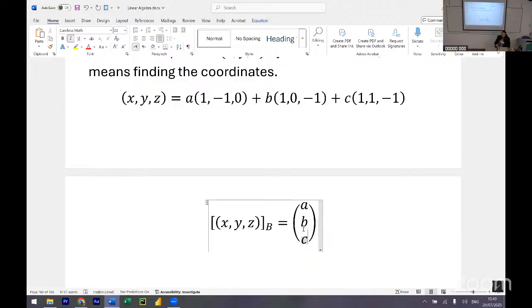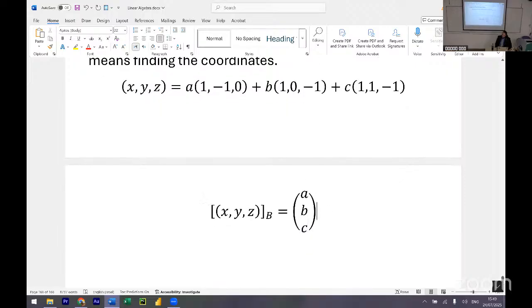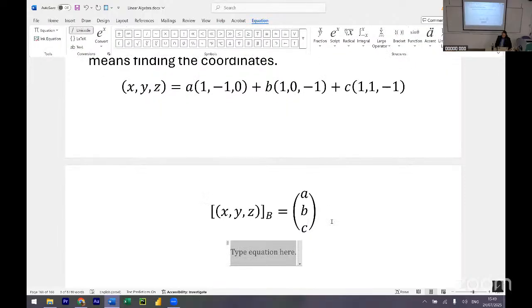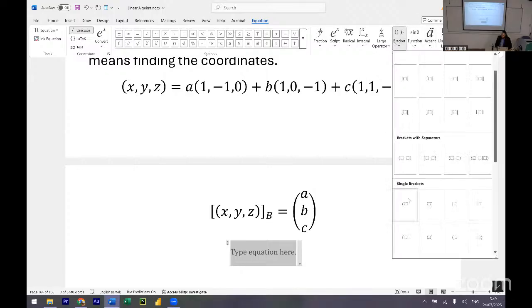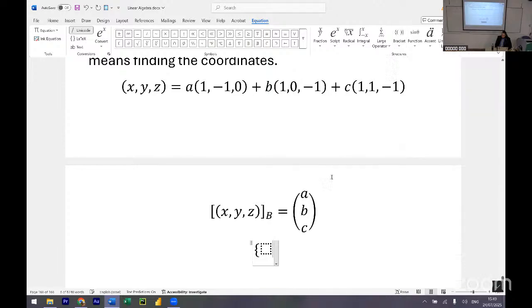So let's solve it. What is the system of equations here? I'll write it as a system of equations, but when you get the idea, you can skip directly to the matrix.